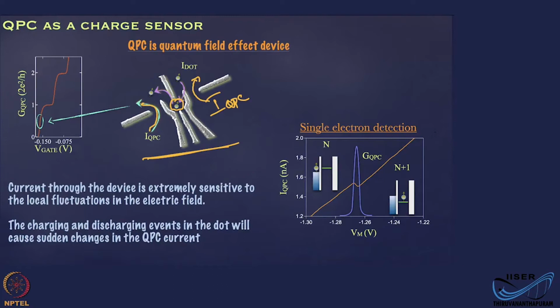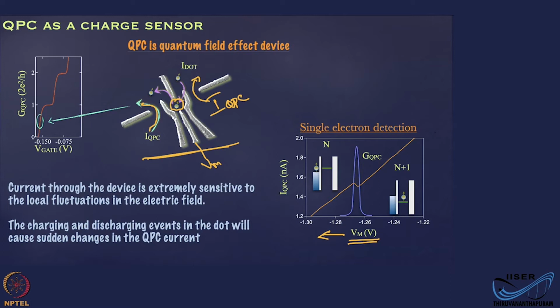So what we are doing here is changing the gate voltage V_m. V_m is the voltage on this middle gate. And when you sweep this gate in the negative direction, you are removing one electron out of the dot. So this event of the electron tunneling out of the dot is going to put a small change in the conductance of the QPC.